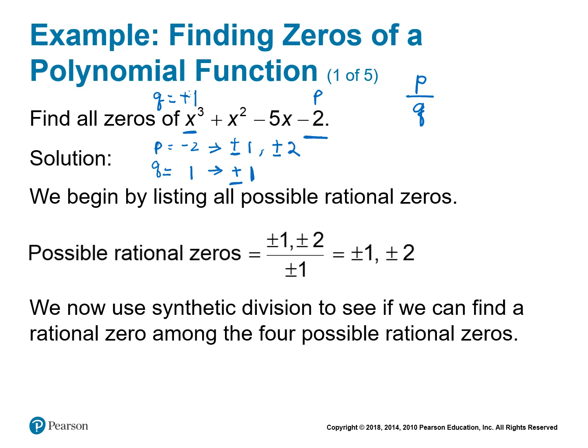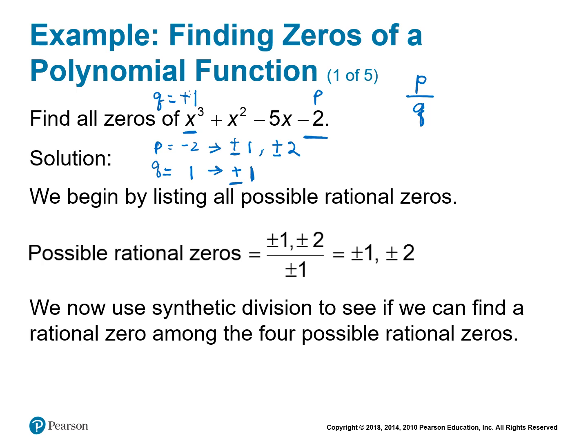So we take every P value, and it's better to write it out instead of combining plus minus to the numbers. I think it helps if we write it down.